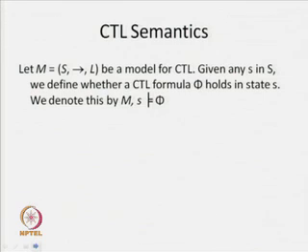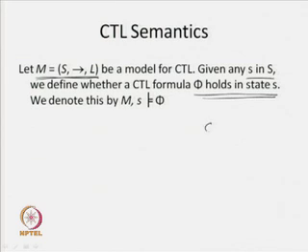Now, we are going to define the semantics of our CTL formula, like I already did for the temporal formula. In CTL also we consider one particular model M, which has these three components, the set of states, the transition relation and L, as a model of CTL. Given any state s of S, we define whether a CTL formula phi holds in this particular state or not, and we denote it by M, s models phi.